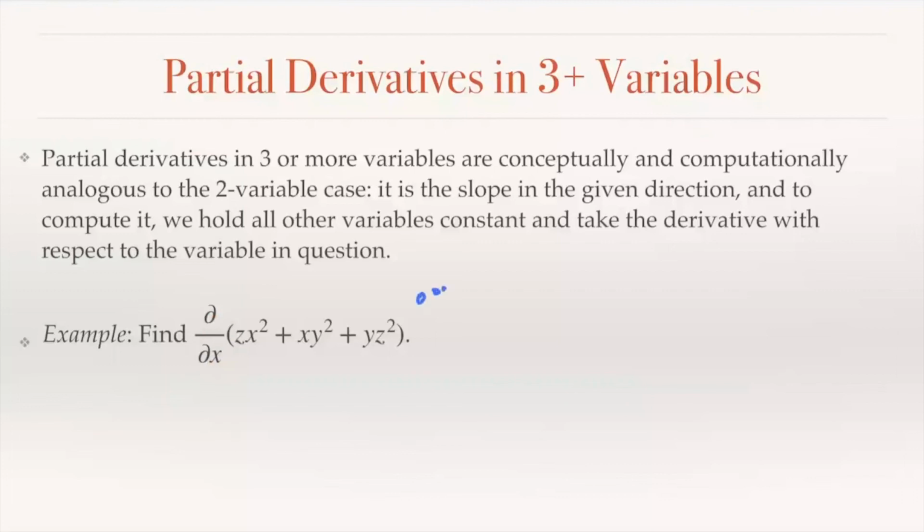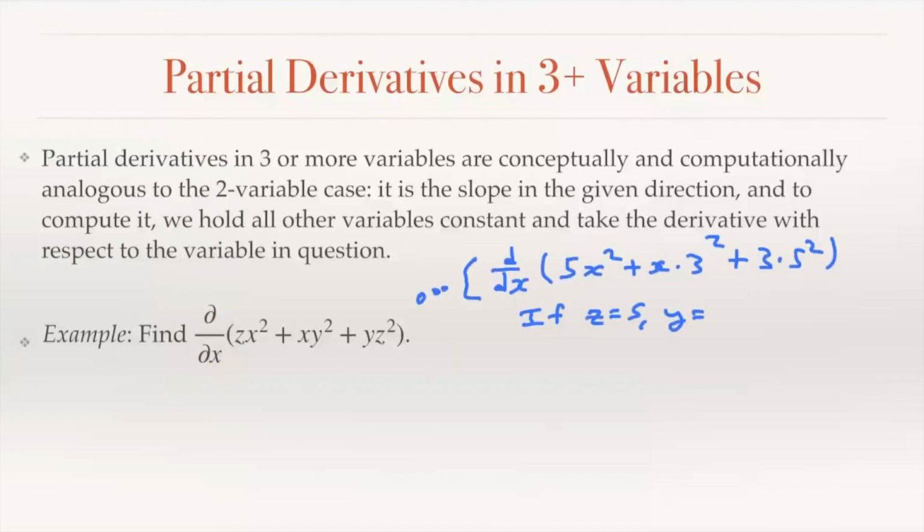So here we might imagine that it's something like d dx of 5 times x squared plus x times 3 squared plus 3 times 5 squared, if z is 5 and y is 3. So we would imagine taking that partial derivative, or that single variable derivative, and the result when we back substitute 5 for z and 3 for y is that partial derivative.